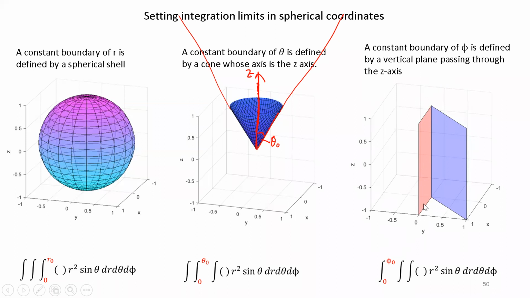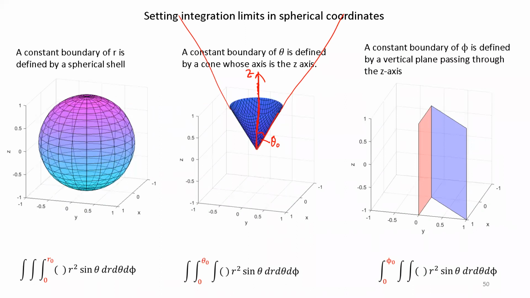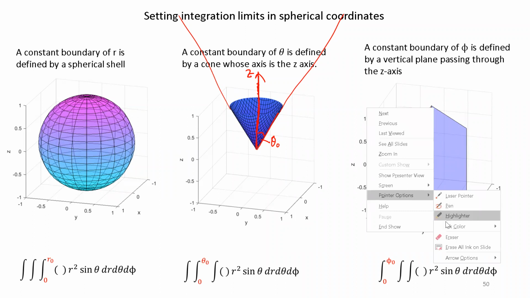This plane is lying on x equals 0, so this plane is parallel to the x axis. That's why this red plane is the phi equals 0 plane.